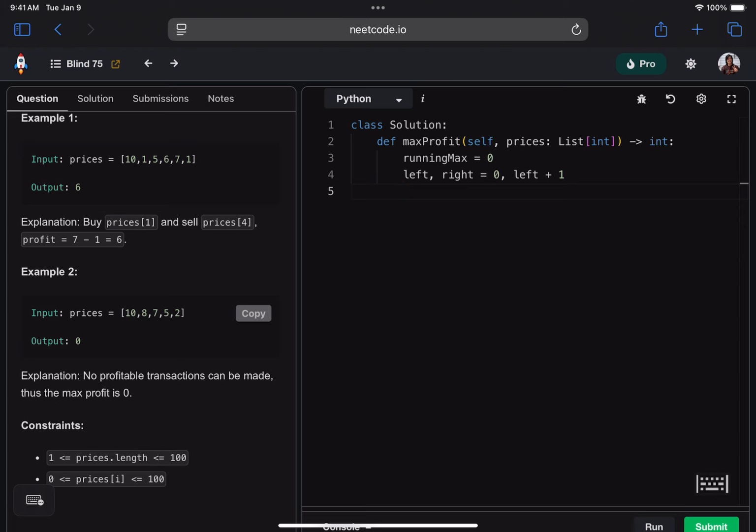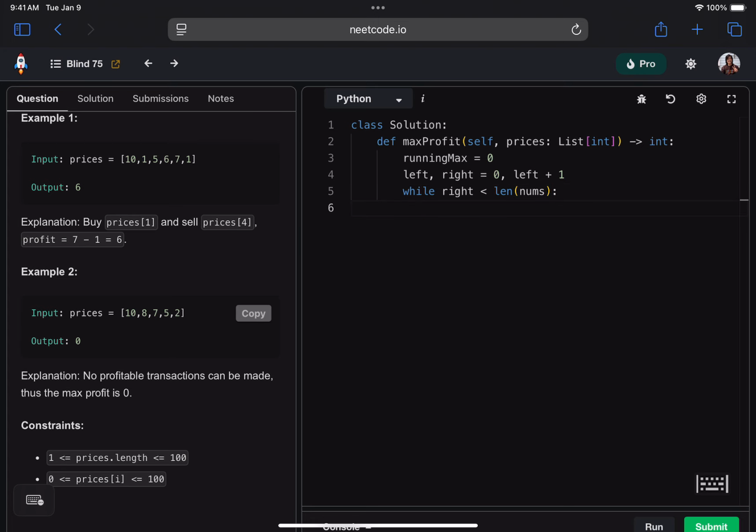Okay, and then, again, as we do this, we know that we're not going to move the right pointer unless we have a 0 or positive profit. So the only thing we care about for the loop condition is that right should be less than the length of nums so that we don't get an out of range error here.